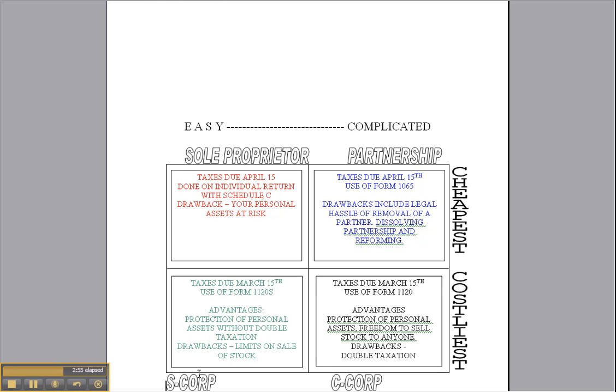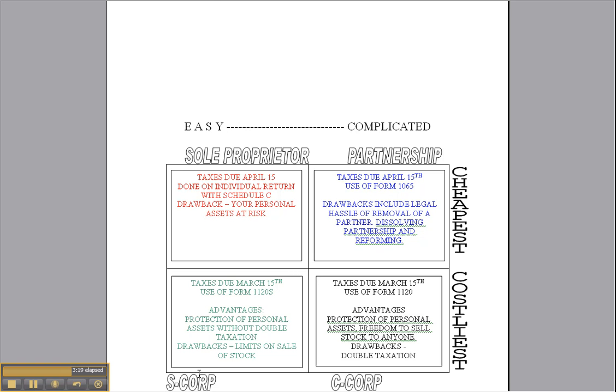You cannot sell the stock in your company to anyone other than a relative or someone close, and there's limitations on the number of sales that you can make as a S-Corp. So if that's not something you're considering as far as going public as a company, an S-Corp is probably going to be the best form of business that you can create.